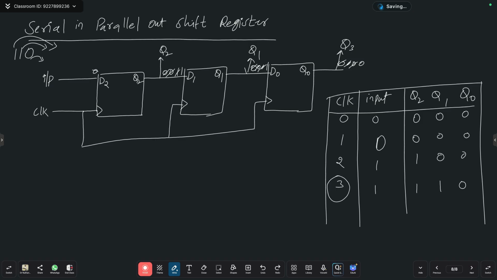We need 3 clock pulses for 3 bits for transmission.